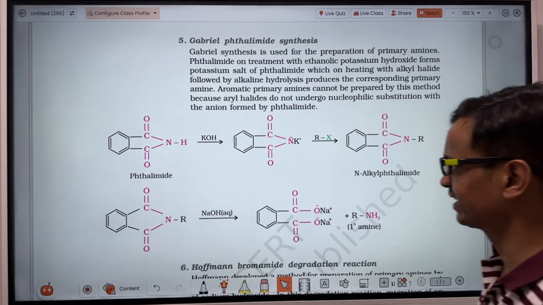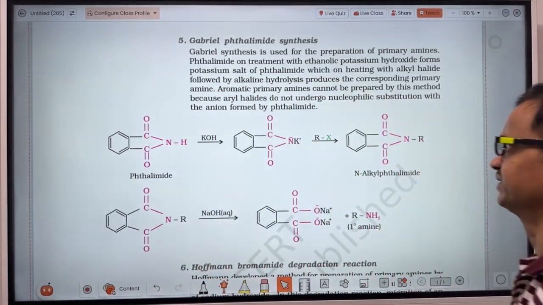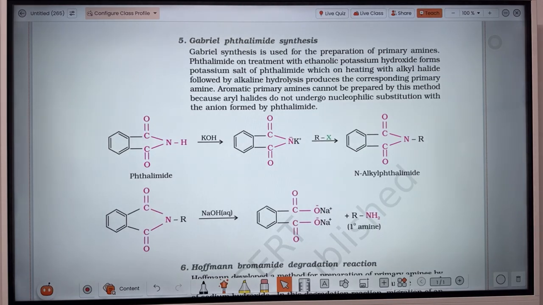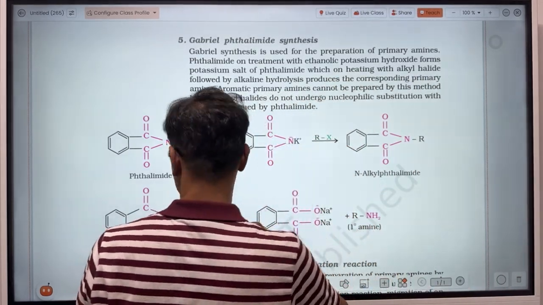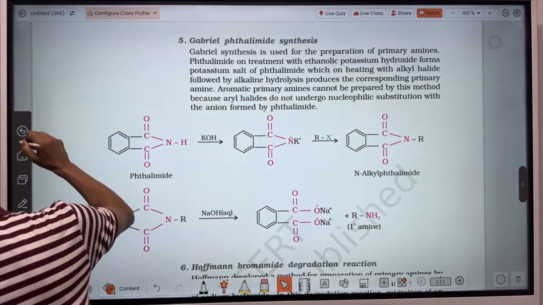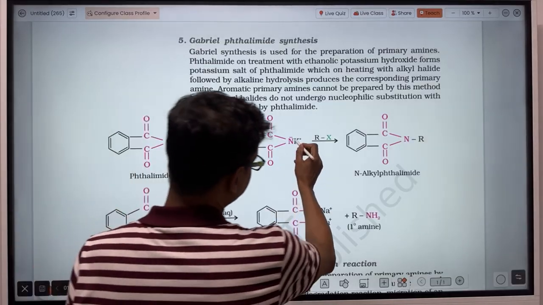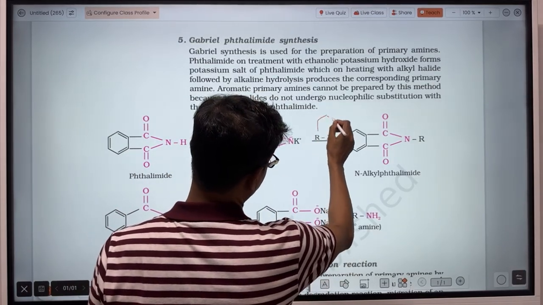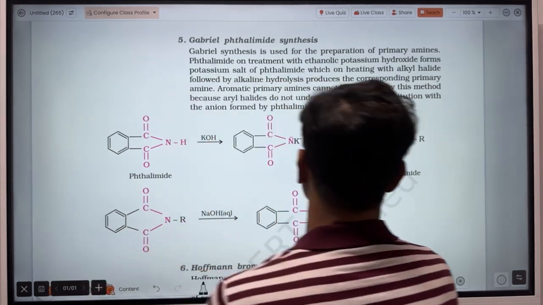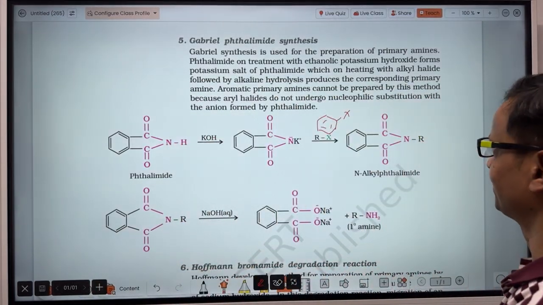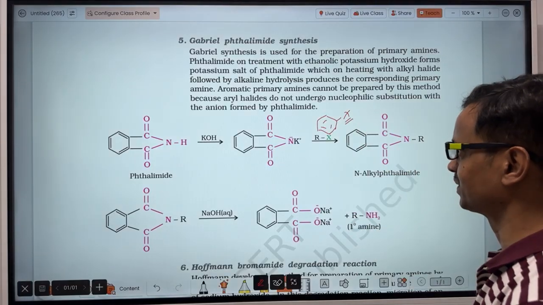If you take an aryl halide in the place of that, the aryl halide will not undergo nucleophilic substitution reaction with the phthalimide. To prepare the aromatic amine, you would have to take a haloarene, with the halogen on the ring. In this haloarene, dissociation of this bond will be difficult.